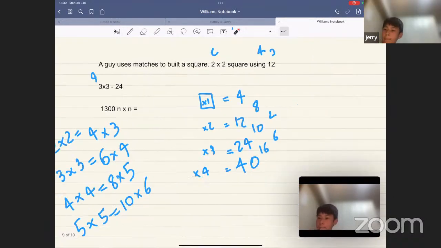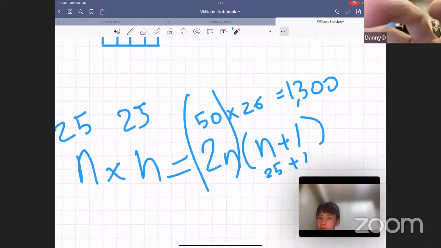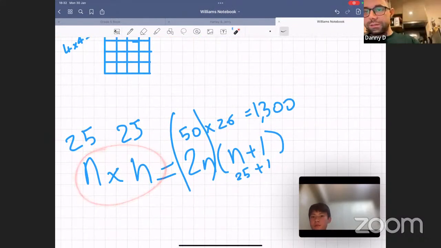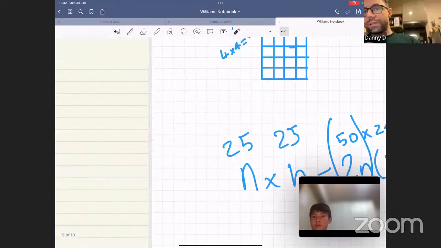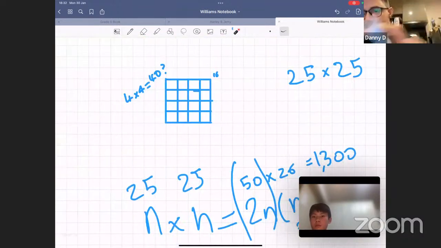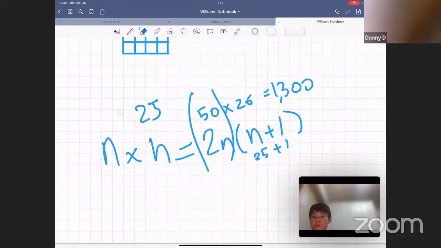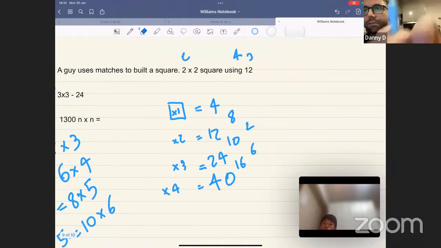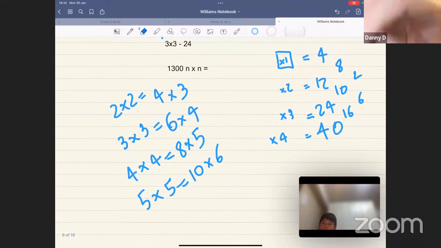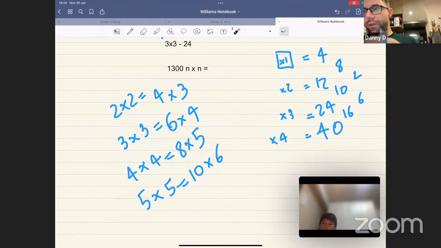Turns out that formula, for me at least, is wherever n is, n times n equals 2n times n plus 1. That seems to work with every single number so far that I put in. For example, let's check it. 4 times 4 should equal 40.